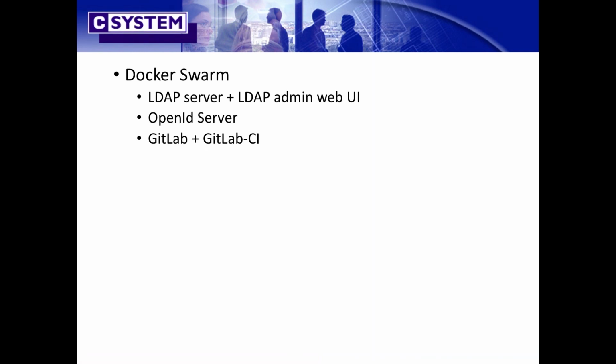In InterSystems, we use Docker Swarm, where we install everything we need for our development process. We use an LDAP server with an LDAP admin UI for our users, for our developers, and for authentication needs in our application development. An OpenID server also.